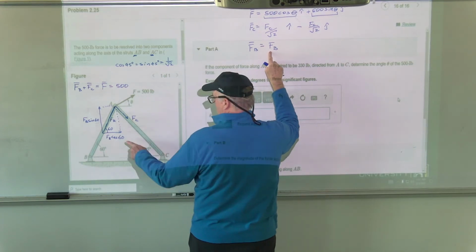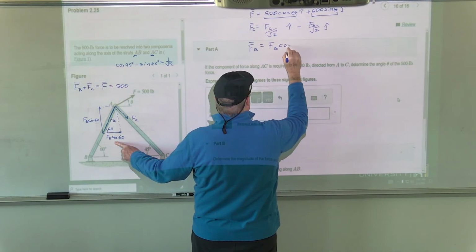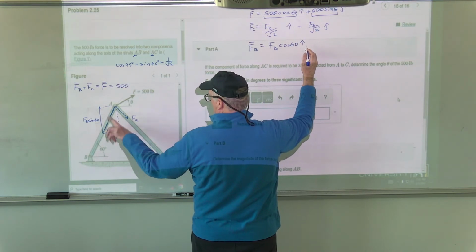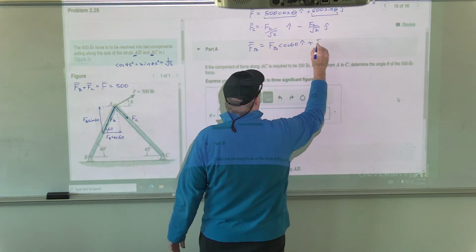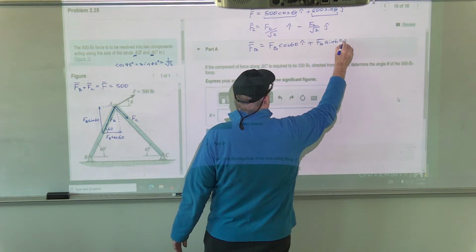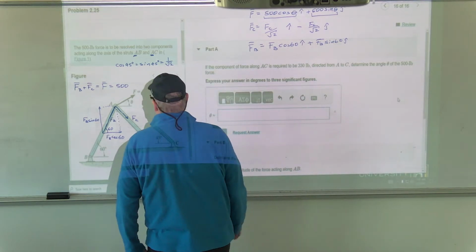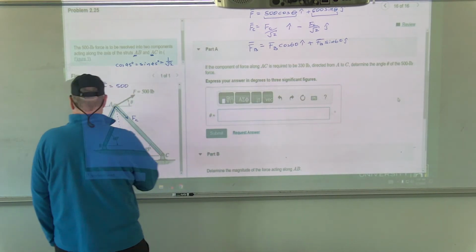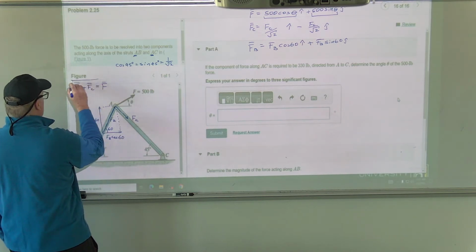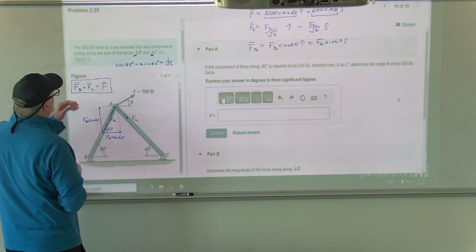So FB cosine of 60 i is going to the right. Going up, FB sine of 60 j. Now I know this equation right here has got to be, this is what he wants me to do.